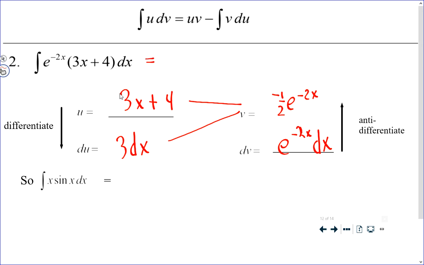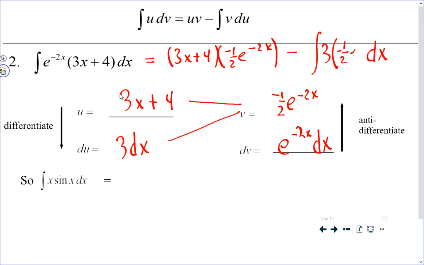This would be equal to the product of 3x plus 4 and negative 1/2 e to the negative 2x minus the integral of the product of 3 dx and negative 1/2 e to the negative 2x. You get the same thing.